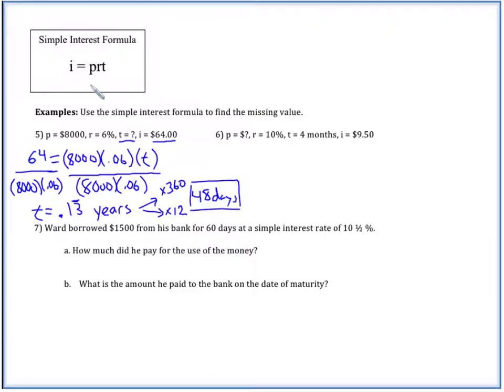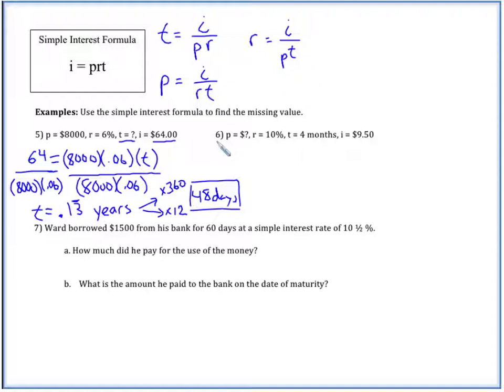So as we look at this formula, basically, we can think about I equals PRT. If we want to solve for t, we know it's going to be I divided by the other two values multiplied. So I divided by PR. So let's just say we were looking for P. Well, it's going to be I divided by the other two variables, R times T. And if we're looking for R, it's going to be I divided by the other two variables, PT.